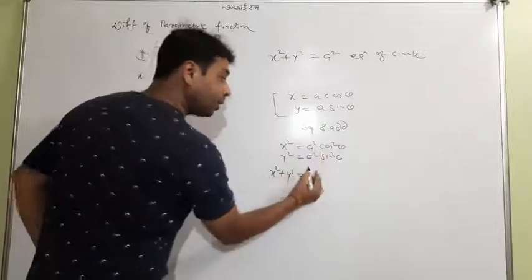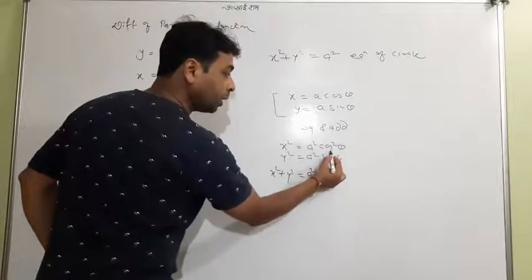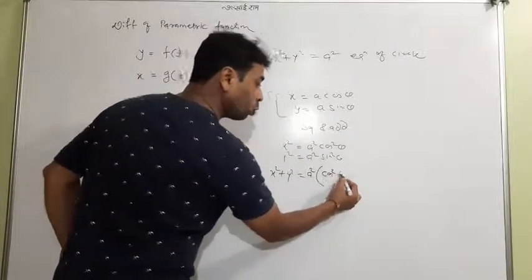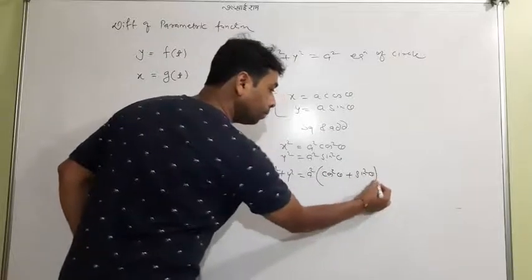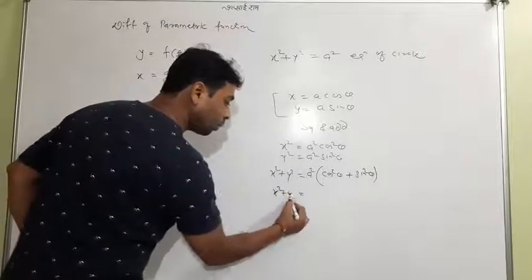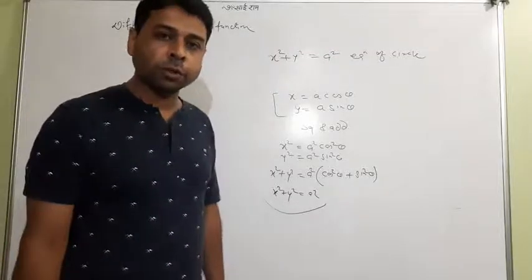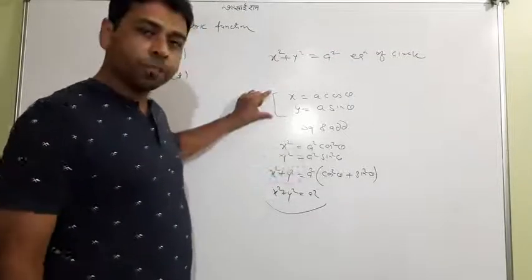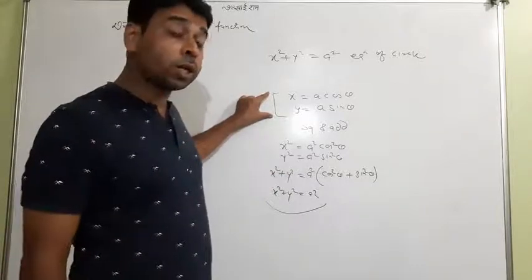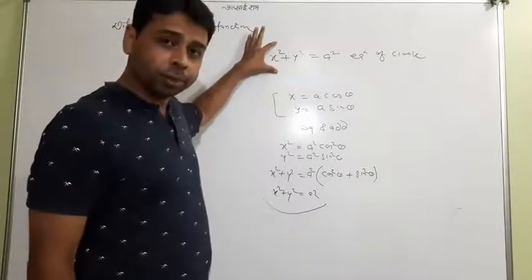When you add, take out a square common: cos square theta plus sin square theta, and you know cos square theta plus sin square theta is equal to 1. So the answer is x square plus y square equal to a square. What have you got? You have got the Cartesian equation of a circle. So this is the parametric equation of a circle and this is the Cartesian equation of the circle.